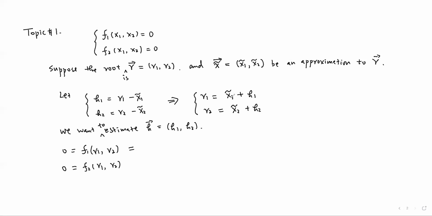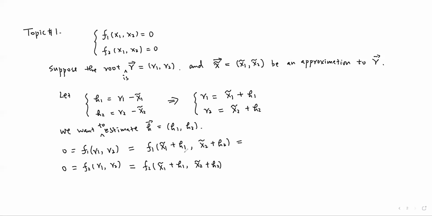R1 is x1 tilde plus h1, R2 is x2 tilde plus h2. So F1(x1 tilde plus h1, x2 tilde plus h2) and F2 of the same point.